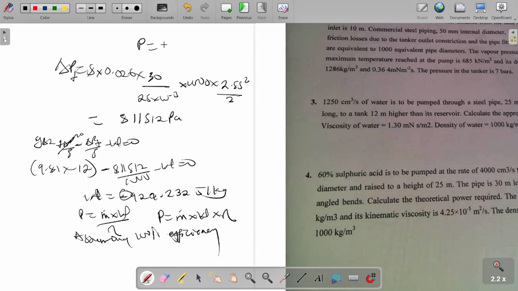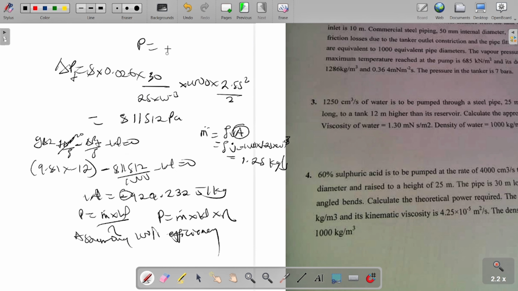So you need to find the mass flow rate, right? The mass flow rate is equal to rho V A, where V A gives us the volumetric flow rate. So 1000 multiplied by 1.25 times 10 to the power minus 3. So the mass flow rate becomes 1.25 kilogram per second.